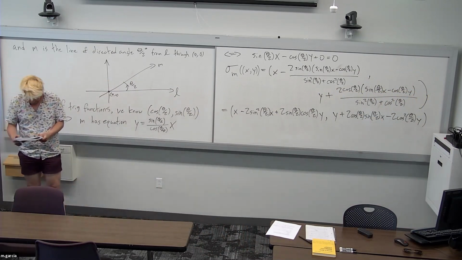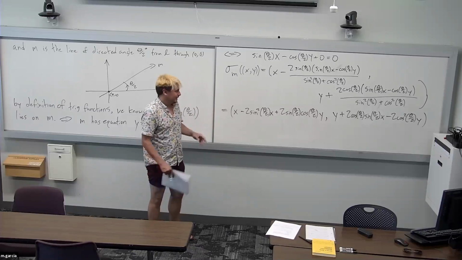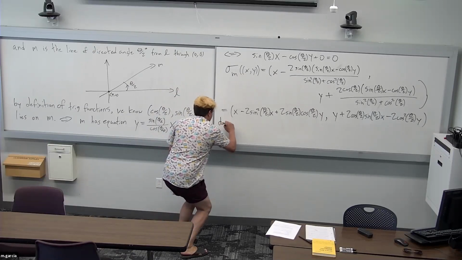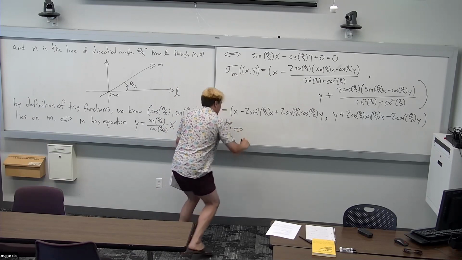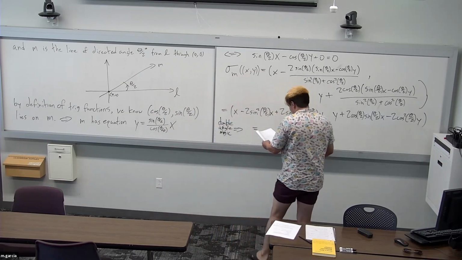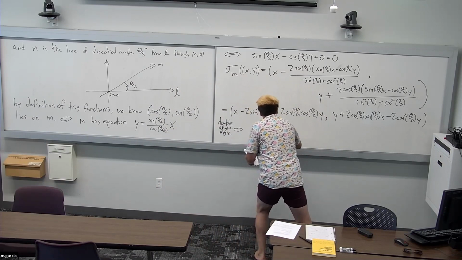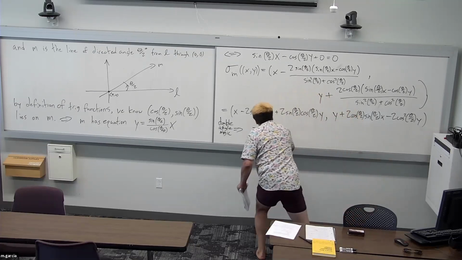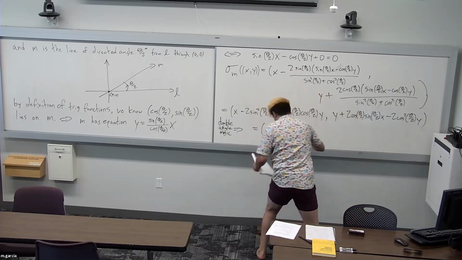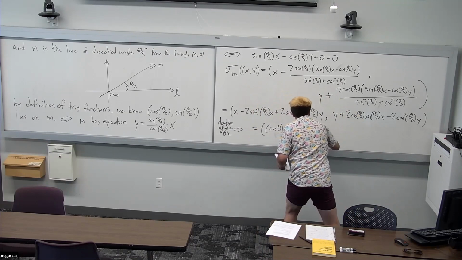So basically, if you look up all the double angle formulas, the double angle formulas give you that this is all equal to: the first coordinate is cosine theta x plus sine theta y, comma.